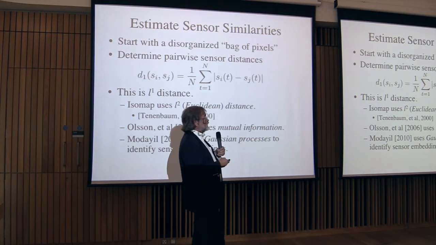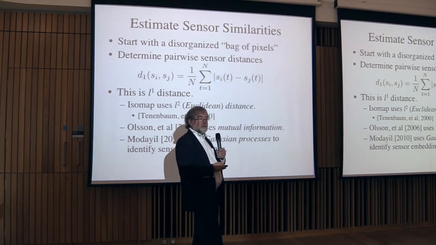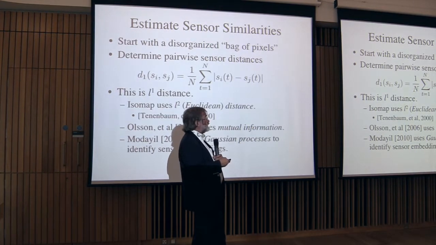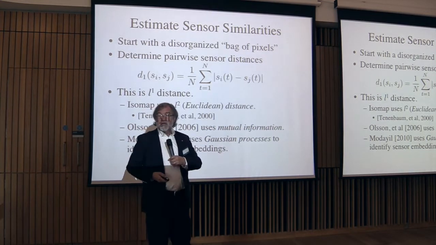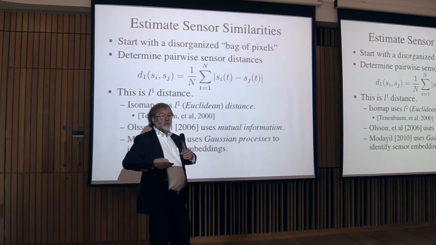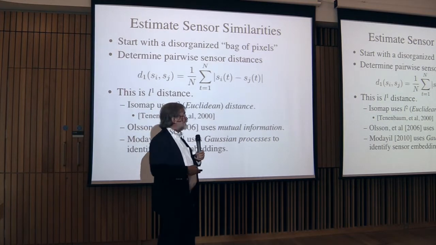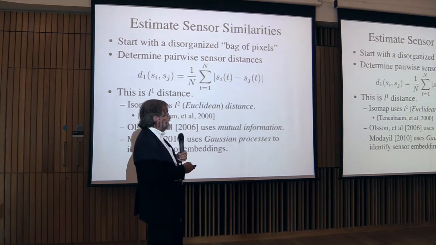We look at the time points over some fairly long interval, take the absolute difference in the values of those sensors at each time point, and take the average of that. This is essentially L1 distance, what's called L1 distance in a certain corner of the world. Euclidean distance is called L2 distance; you would square this and take the square root of the result.